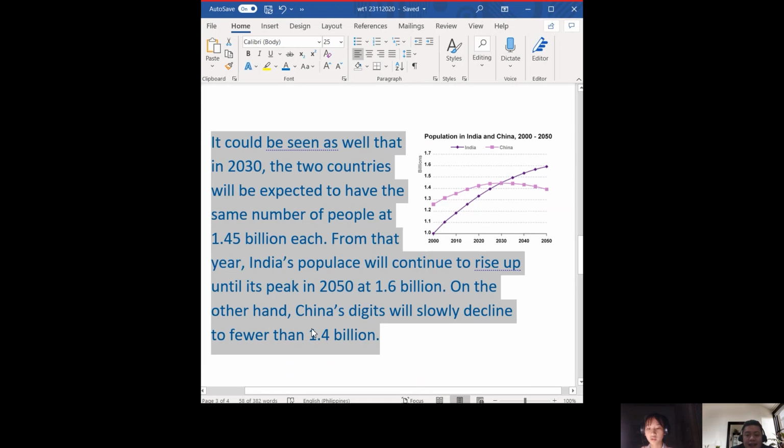How many? 159. See, we were able to reach more than 150 words, which is the requirement of the task.